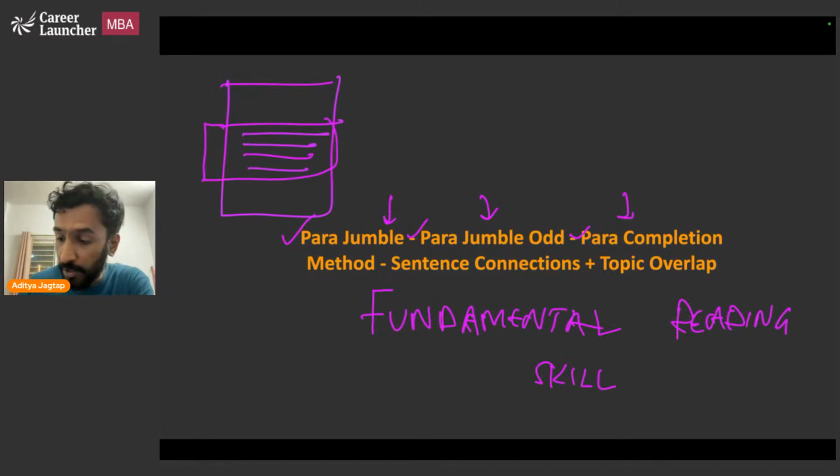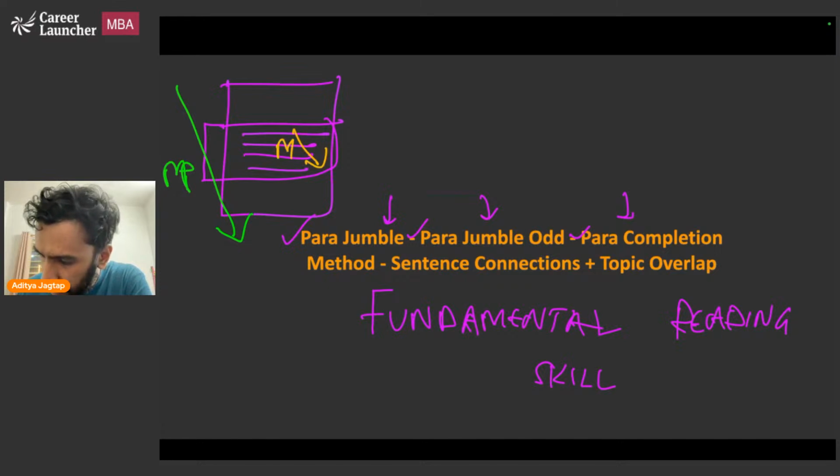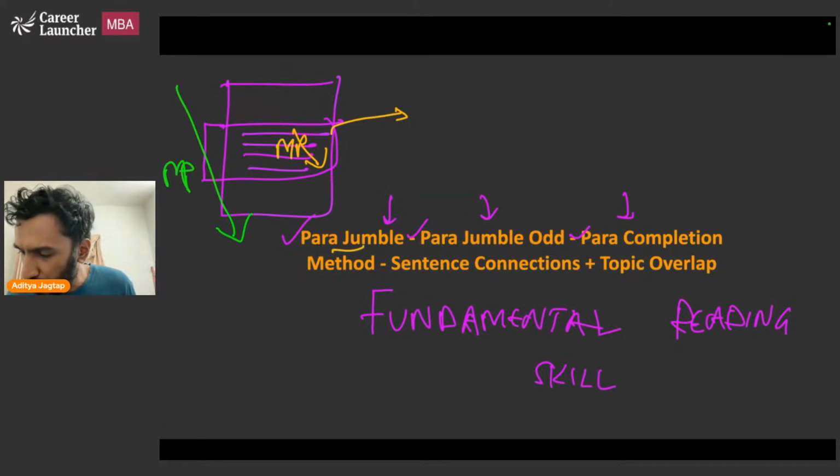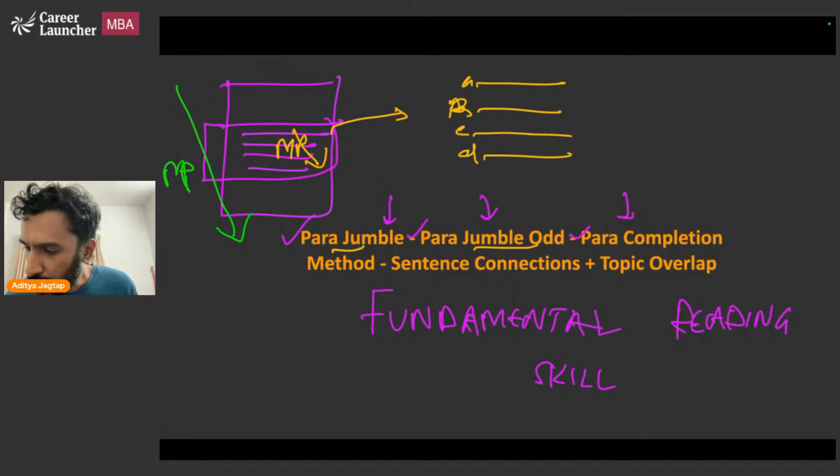So in short, whatever this paragraph is had a longer main point, right? It has a shorter main point of that paragraph only. This information is then arranged in the case of parajumble and parajumble odd one out. This information is arranged slightly in a new order, right?